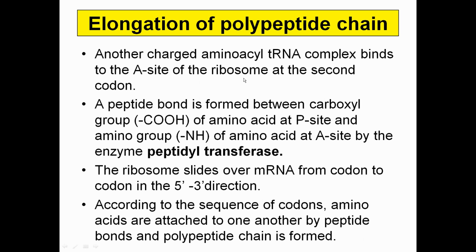Okay, so they are attached to one another with the help of the peptide bond. And as you know, the enzyme which helps in the formation of the peptide bond is peptidyl transferase, and the whole polypeptide chain is going to be formed ultimately. So this is how elongation is carried out.